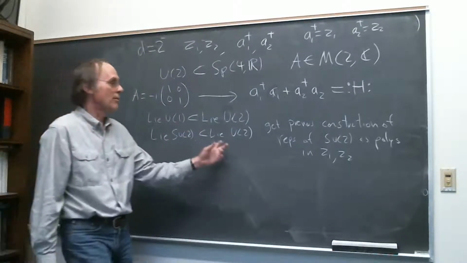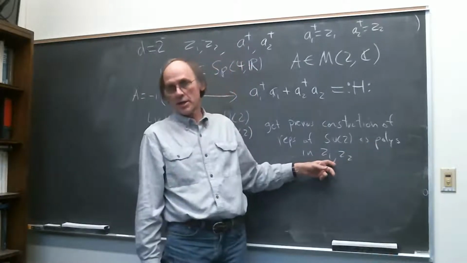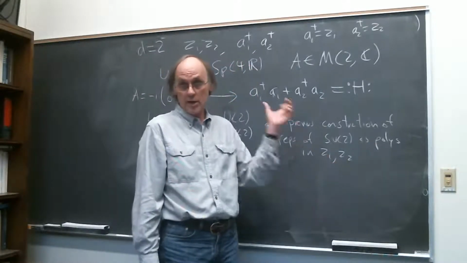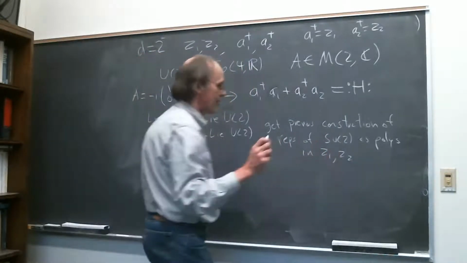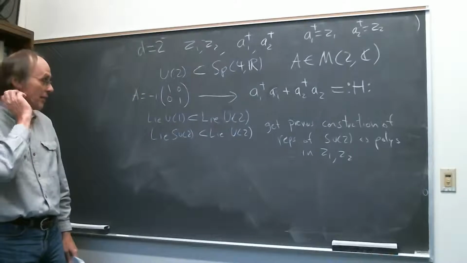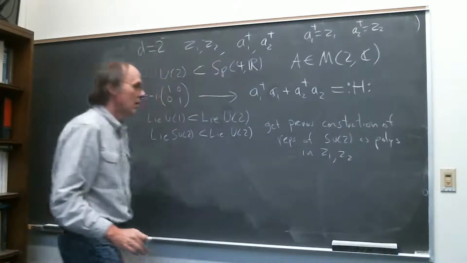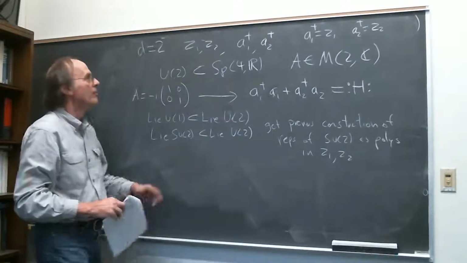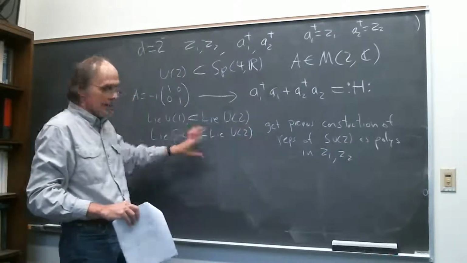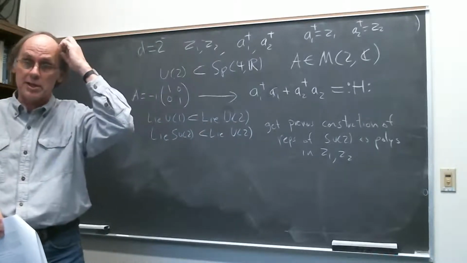You can get them by looking at all homogeneous polynomials in Z1 and Z2, keeping the same total number of these, and everything I've written down is exactly a story that you've seen before.